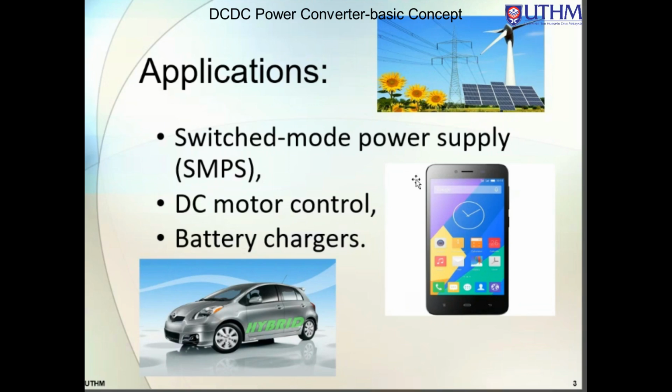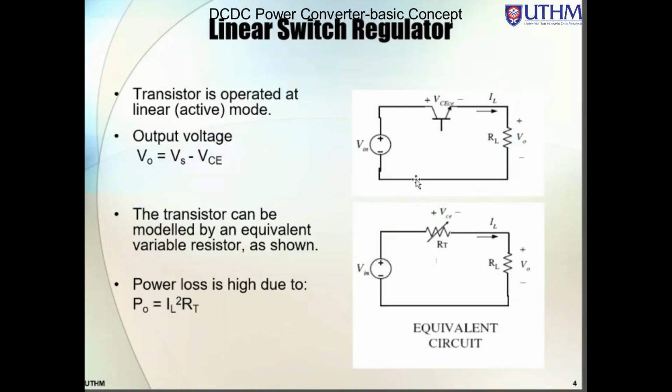Dan banyak lagi actually application lah, tapi mostly DC to DC ni banyak digunakan untuk interfacing in renewable system, charging system, switch mode power supply, dan sebagainya lah. Okay, now we look into the concept of DC to DC.